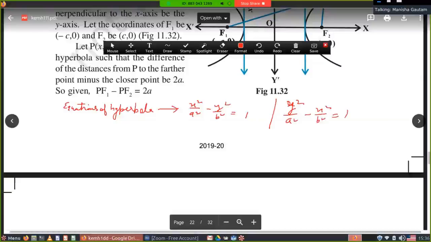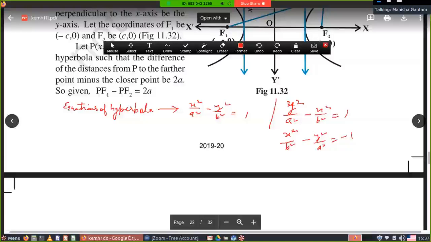Sometimes it is written like this: if I take x square first, then you can take x square upon b square minus y square upon a square, then this 1 becomes minus 1.